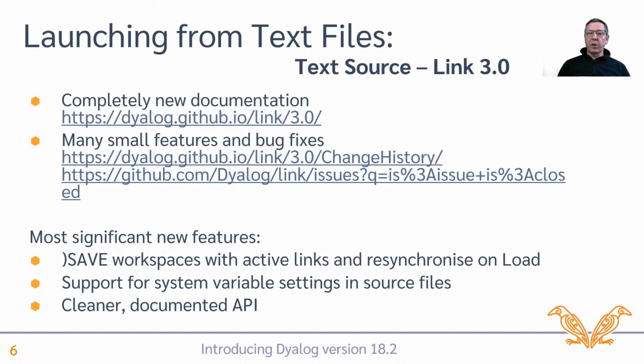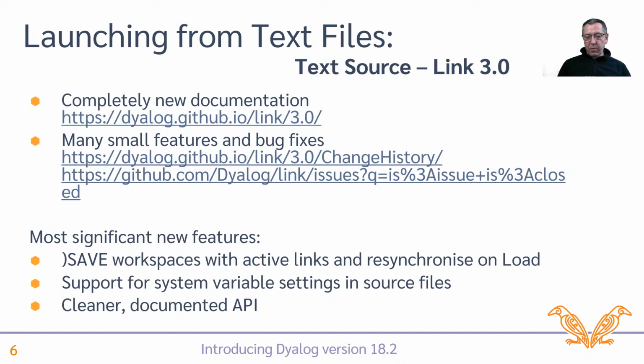So you can save a workspace containing functions that were brought in from file, and then if you load the workspace later and the sources have changed, there's a good resynchronization mechanism that will find out what's changed in the meantime and suggest what to do about it and help you quickly get back in sync.